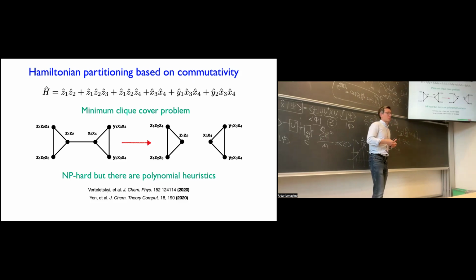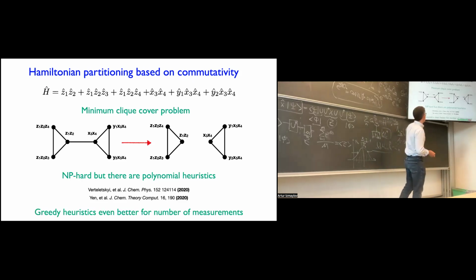The computational effort grows exponentially with the number of nodes in the graph, right? But there are some heuristics, and we learned later that a greedy approach, finding the largest fully connected subgraph, removing it, and then looking for another fully connected subgraph in whatever is left, is actually working better for the number of measurements.